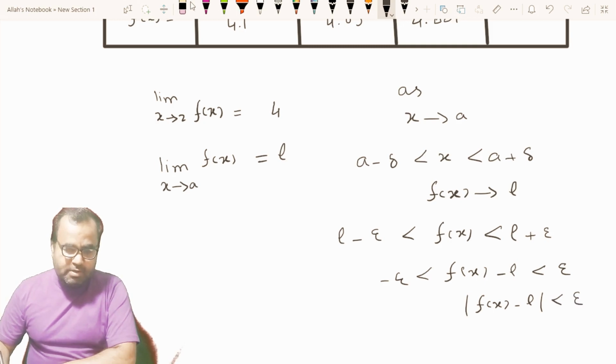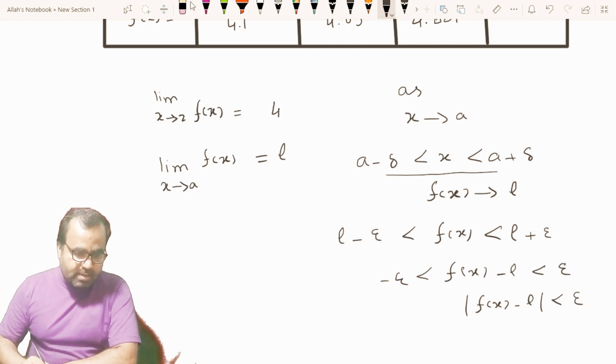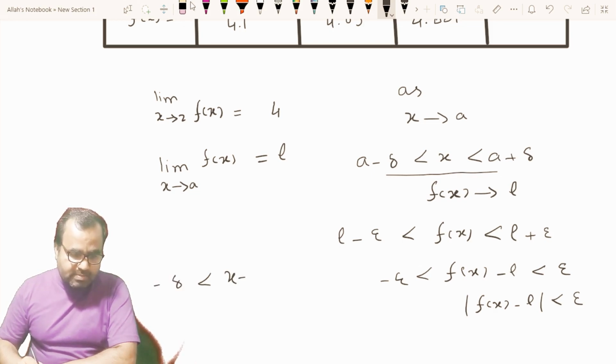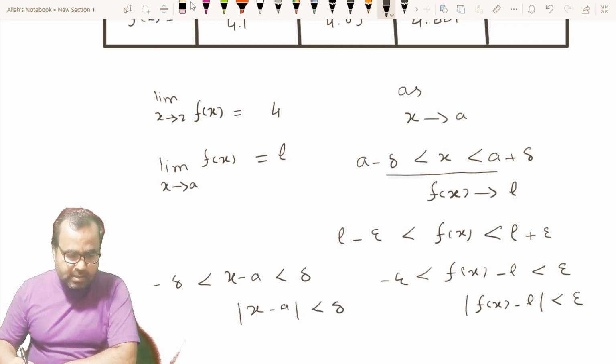Similarly, x is in between minus delta and plus delta around a, so we can write the absolute value of x minus a is less than delta.